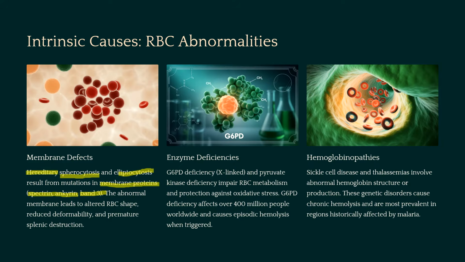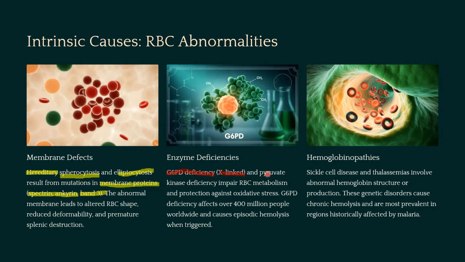Number 2 is enzyme deficiency. So G6PD deficiency, glucose 6-phosphate dehydrogenase. It is an X-linked deficiency, which means it is also genetic. And pyruvate kinase deficiency impairs RBC metabolism and protection against oxidative stress.